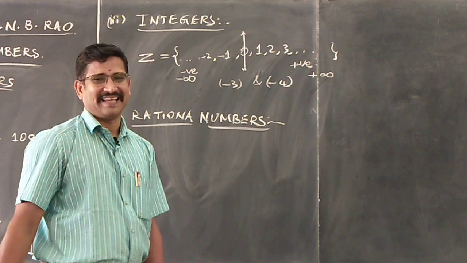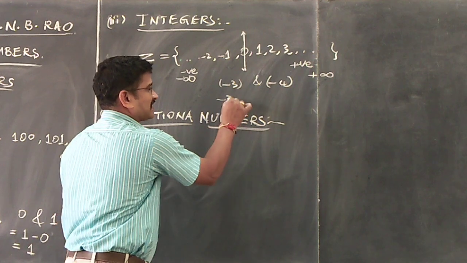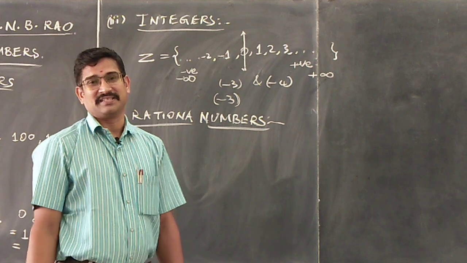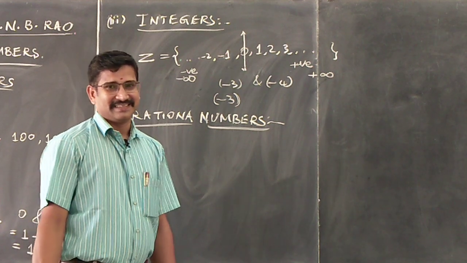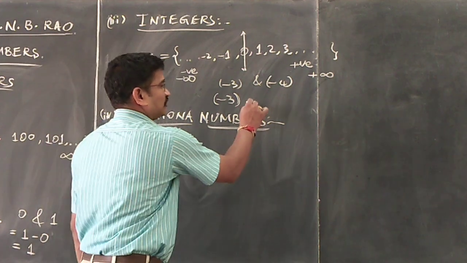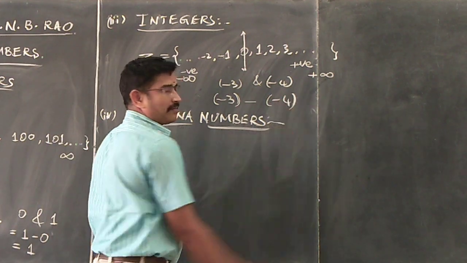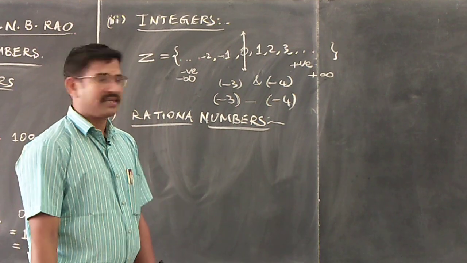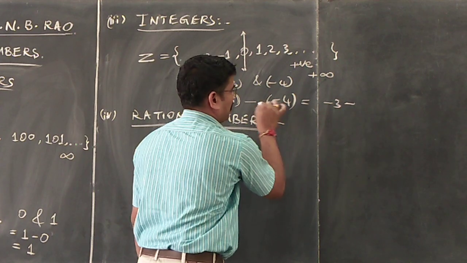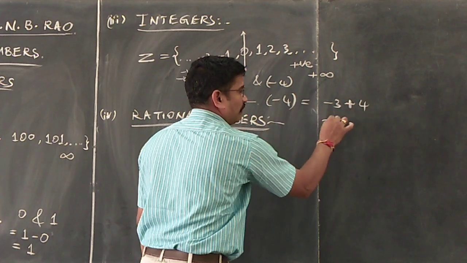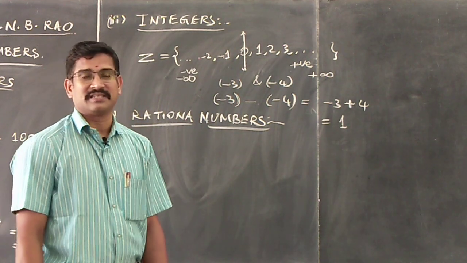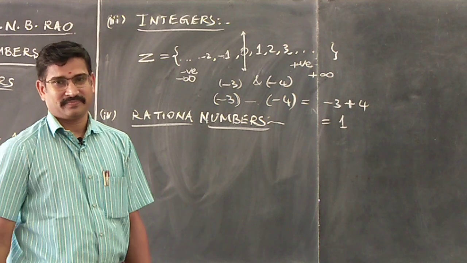Minus 3 is the biggest and minus 4 is the smallest number. I am sorry, I might have mentioned it wrong. So, the difference between those two integers is minus 3 minus of minus 4, and it is plus 1. So, the difference between any two continuous integers always remains 1.